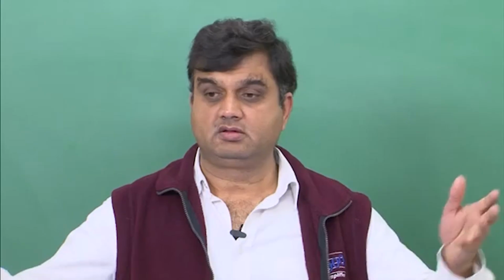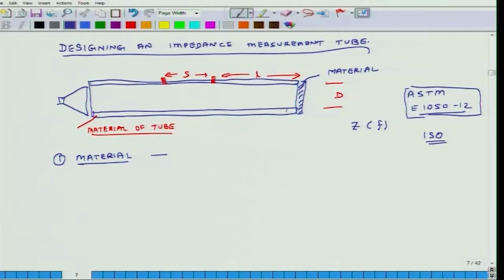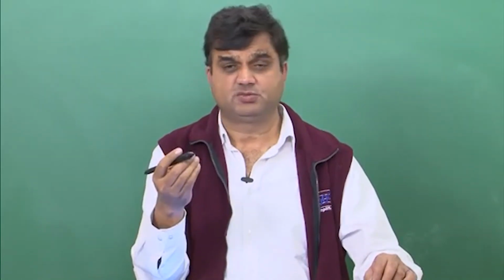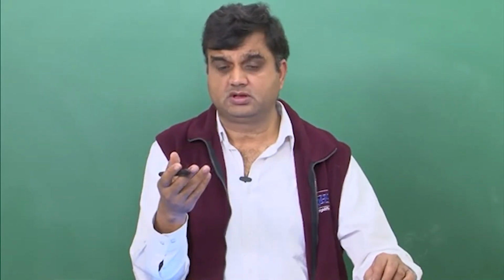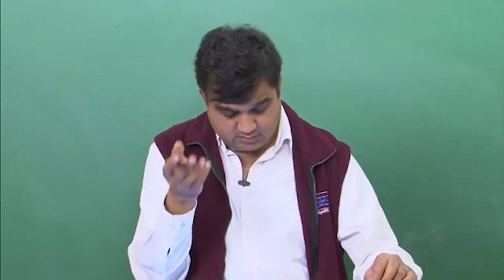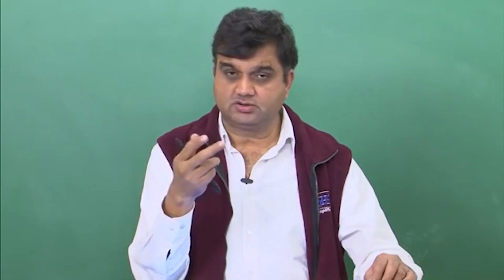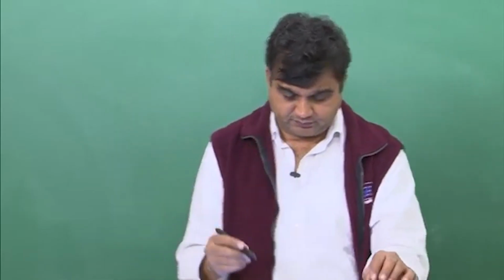It should not be a ton, 1000 kilos, because then it becomes impractical to use and move. But within practical considerations, it should be heavy enough, which means that we have to make the wall thickness high, and the density of the material should also be as high as possible. Those are the two important considerations.